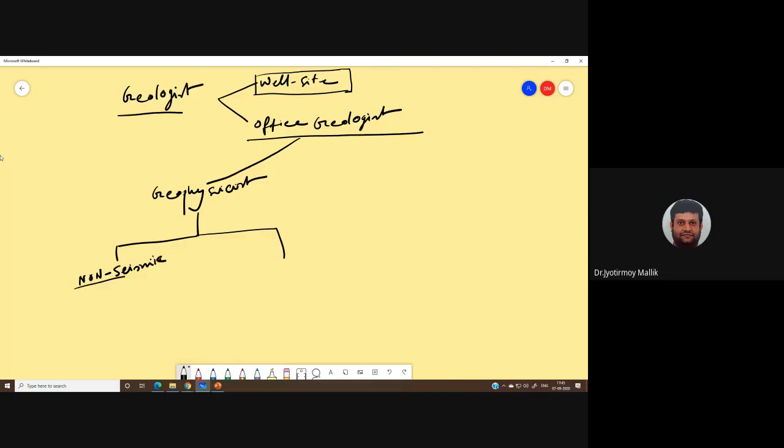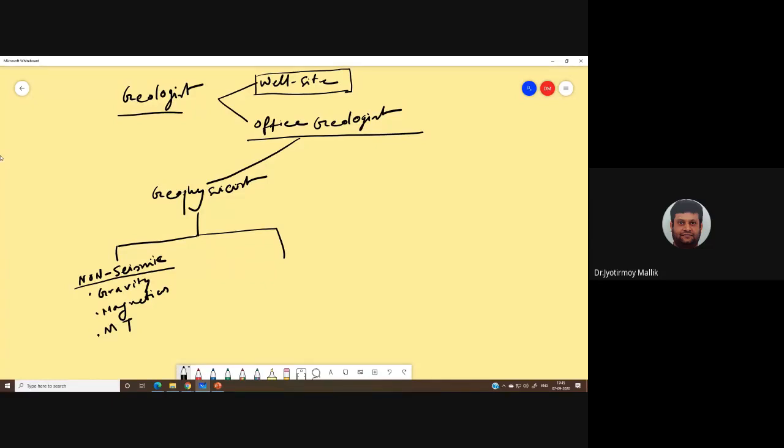Non-seismic means the ones who practice, for example, gravity, magnetics, experts in gravity, magnetics, then magnetotellurics, these sort of techniques.